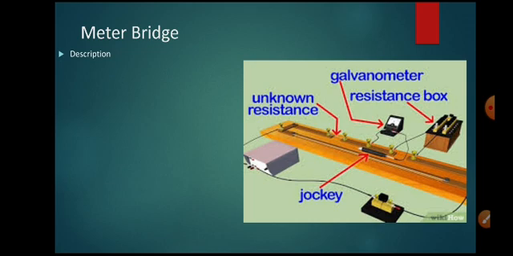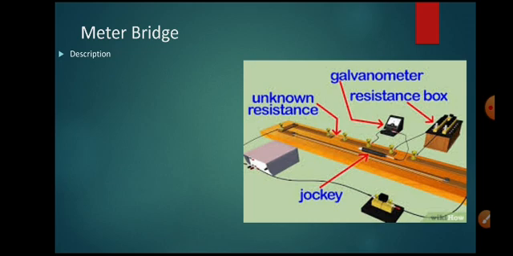So here, the meter bridge works on the principle of Wheatstone bridge. It is used to find out the unknown resistance of a conductor, or compare two unknown resistances also, and to find out the specific resistance of a conductor.